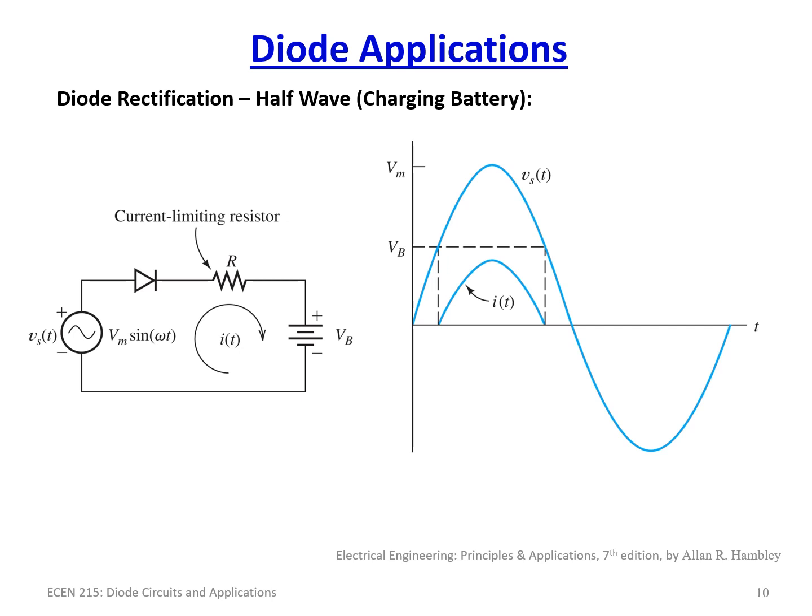One thing you can do with this is you can actually charge a battery. And this is very common with at least old school vehicles, where you would charge your battery by simply using a diode and a resistor.